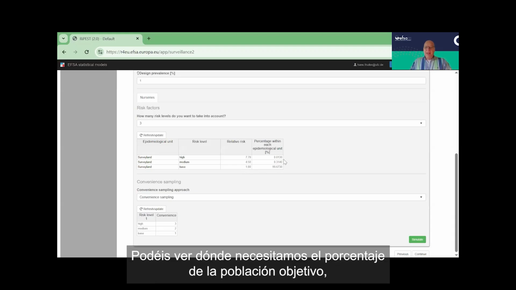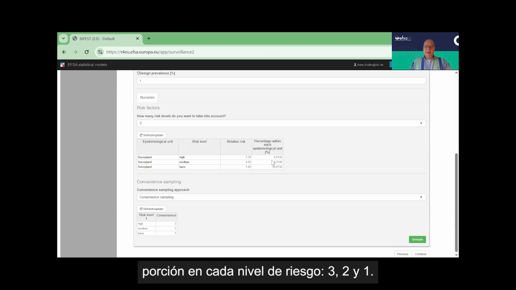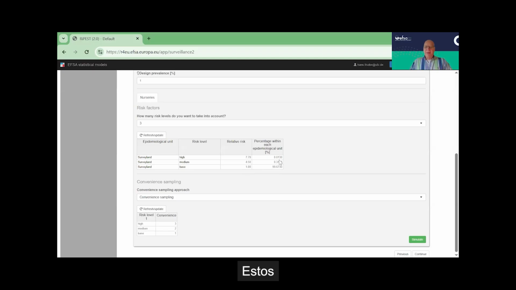Now you see where we need our percentage of the target population that is in risk level 3 area, risk level 2 area, risk level 1 area. So you remember this value of 0.013, and then we have 0.0314, and we have all the rest, which is 99.673.